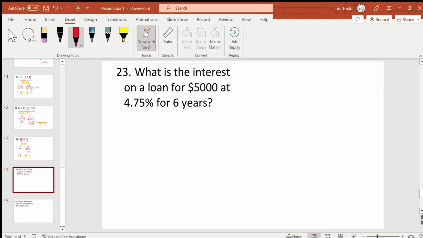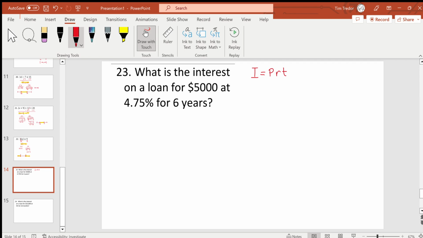There are two formulas we went over for interest. We have this formula, I equals P times R times T, where P stands for principal, R stands for rate, as in interest rate, and T stands for time, specifically time in years. I is going to stand for interest.